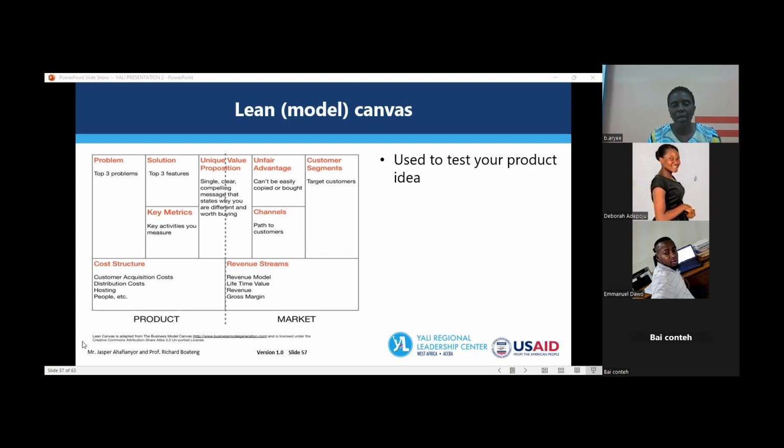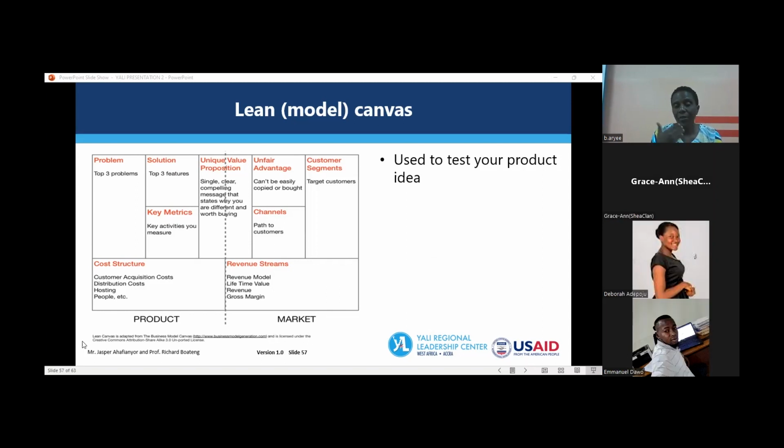Then on the right-hand side, let's start from the bottom, your revenue streams. You have to design a revenue model, then you have things like the lifetime value, and then the revenue itself, then your cost margin, your gross margin, your profit margin, all of those things that you would do in business, that you will project and say, it's likely that I will get X, Y, Z. Those things are also there.